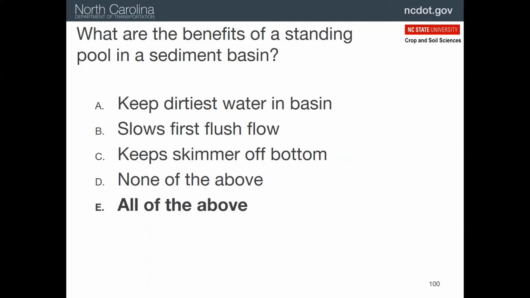Now, I will mention some people ask if there could be a problem with mosquitoes having a standing pool of water. And the answer is generally no. There's a couple of reasons. One is they don't like to be out in these open areas where you generally have these basins. They like to have a lot of vegetation around.